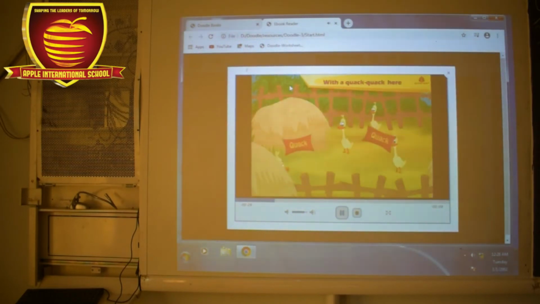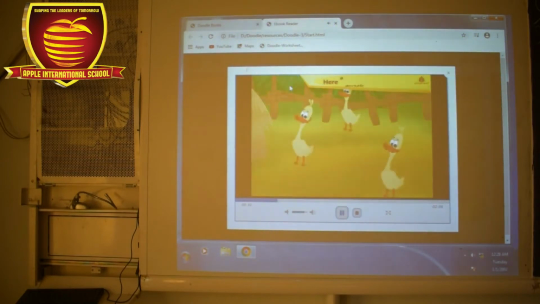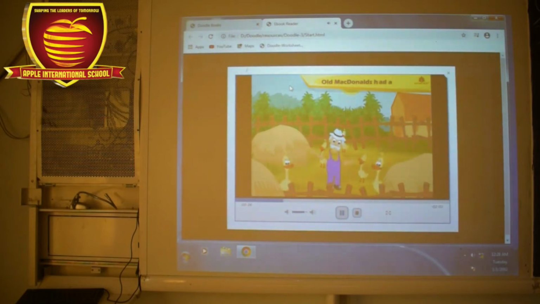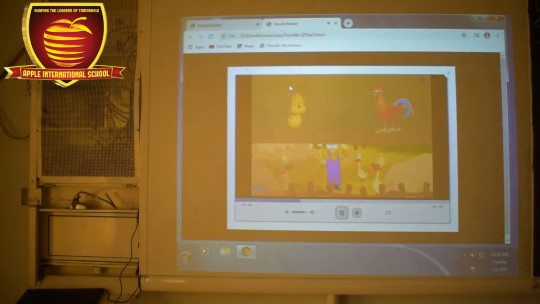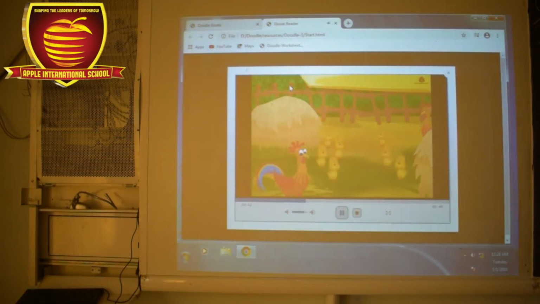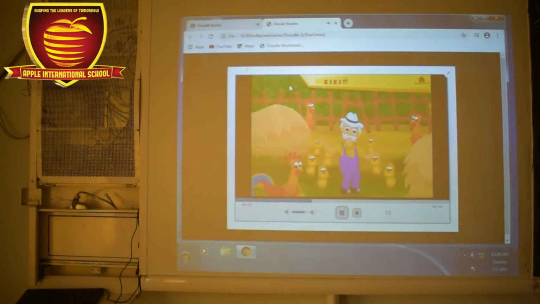With a quack quack here and a quack quack there, here a quack, there a quack, everywhere quack quack. Old MacDonald had a farm, E-I-E-I-O.